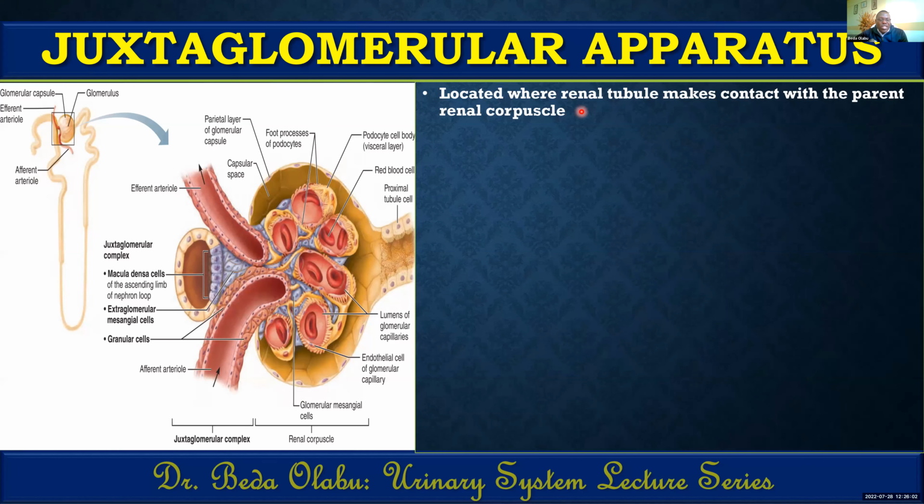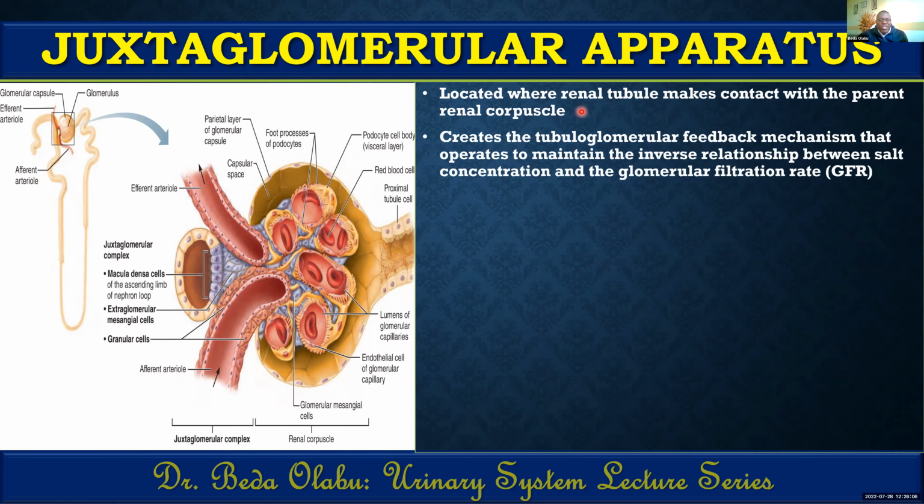In particular, it will be the junction between the thick ascending limb and the DCT. That junction, at the termination of the thick ascending limb and the beginning of the DCT, is the region that makes contact with the parent renal corpuscle.